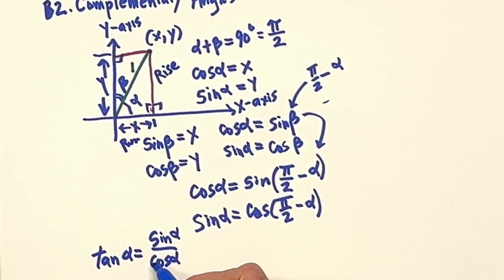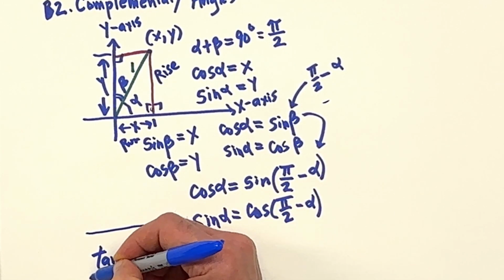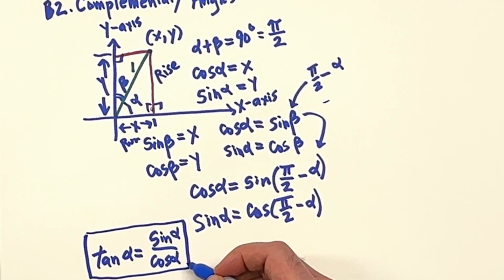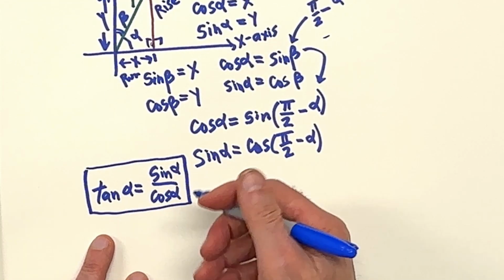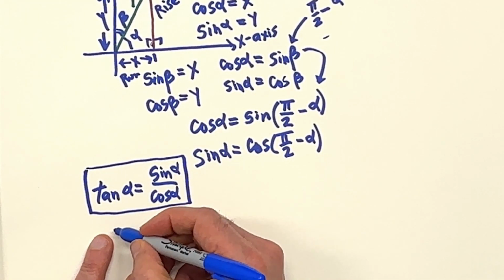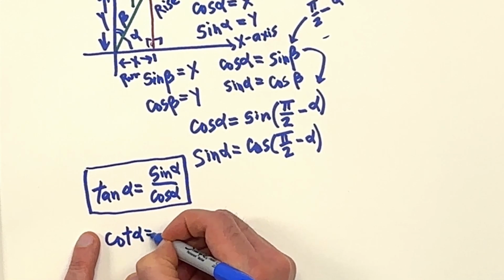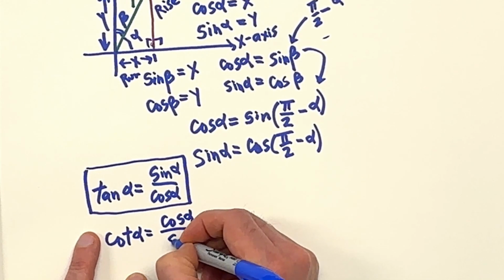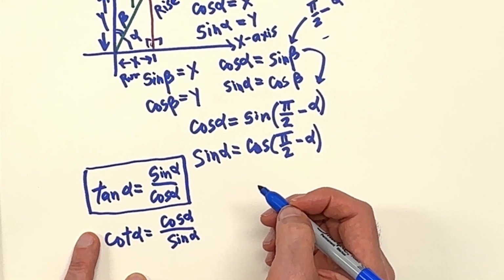But we'll simply remember the definition as the sine of alpha divided by the cosine of alpha. Also the review of the cotangent of alpha: you flip these around. It's the cosine of alpha over the sine of alpha. All right.